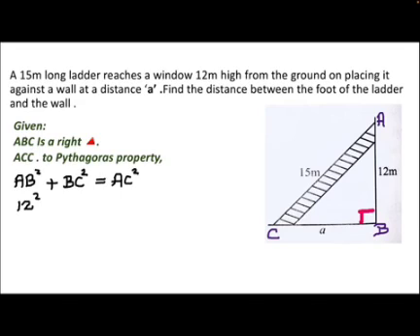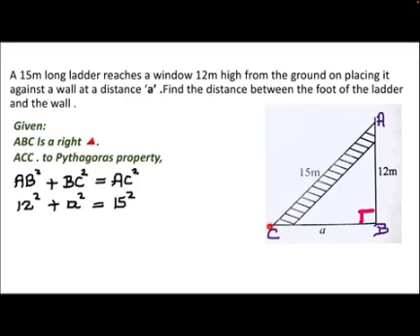Now, AB squared is 12 squared. I think now you're all familiar. So 12 squared plus A squared, I have written A squared because now this BC is represented by A units, is equal to 15 squared, that is AC squared.